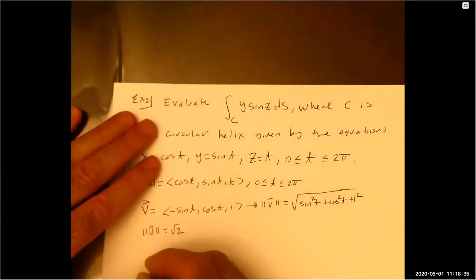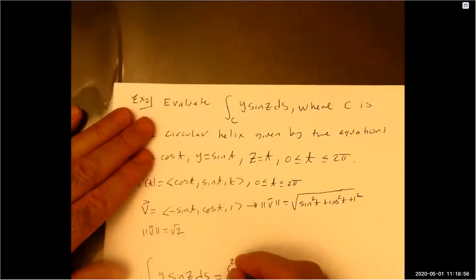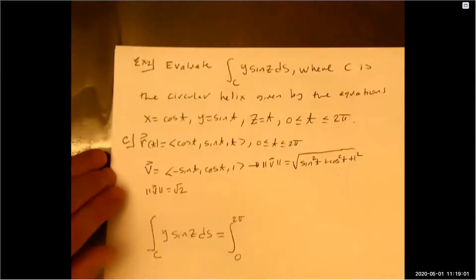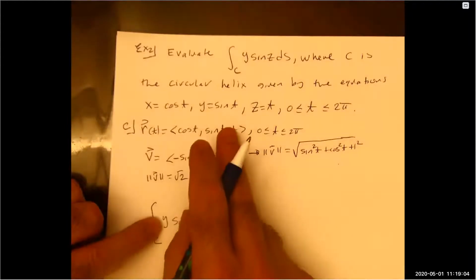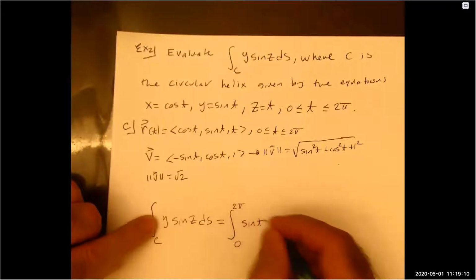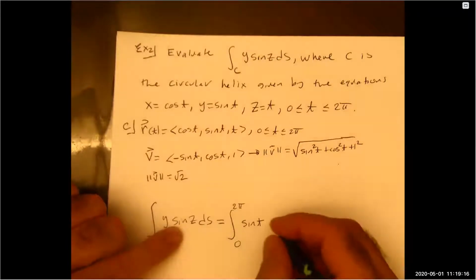All right, so then if we have the integral along C of y sine z ds, this is going to be equal to the integral from 0 to 2 pi. And then we have the y, remember, is the sine of t. This is going to be sine t. And remember that z is t, so sine of z is going to become sine of t.